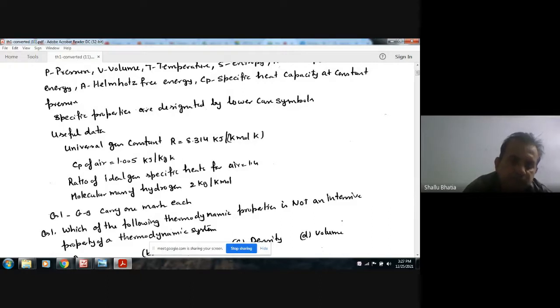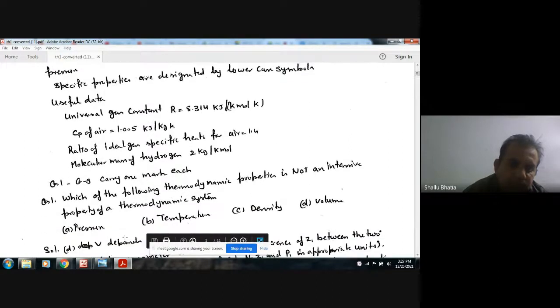Cp of air is equal to 1.005 kilojoule per kilogram per degree Kelvin. Ratio of ideal gas specific heats for air is 1.4. Molecular mass of hydrogen is 2 kilogram per kilomole. So these are the data given, and so we start solving the question paper.